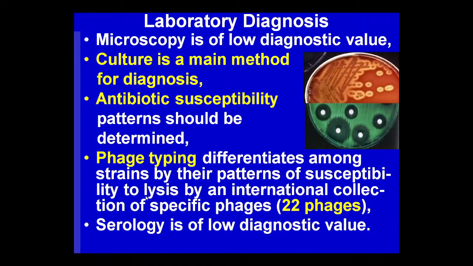So to see whether they belong to the same phagovars or phagotypes, or to different phagovars. If different, they are not related. If they have the same susceptibility patterns, then they were obtained from the same source. That's what we do when we need to trace a source of infection.